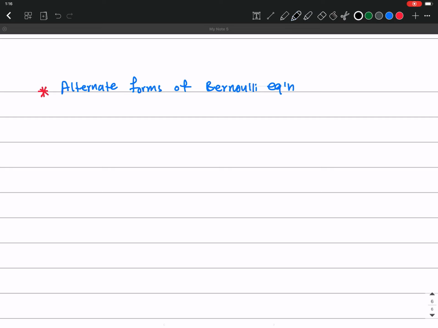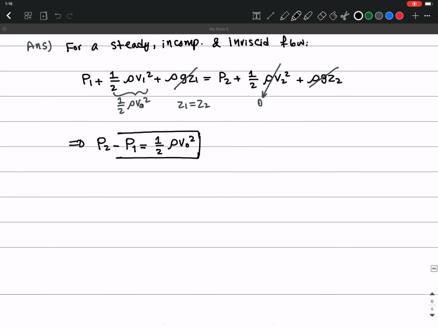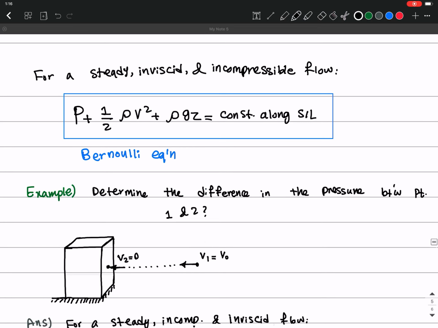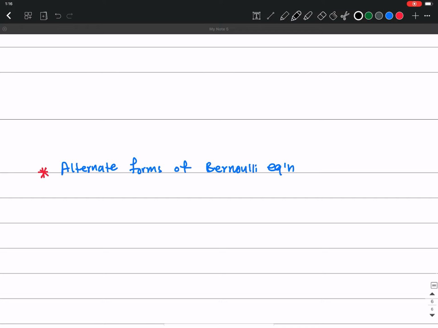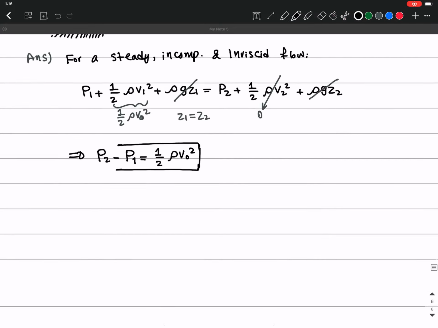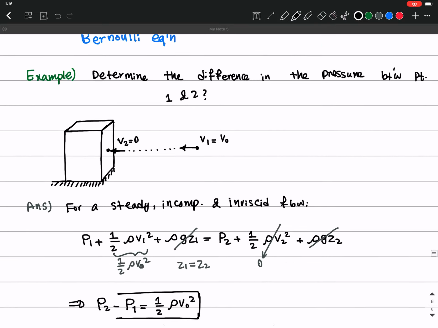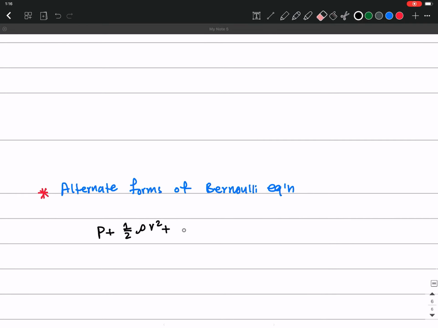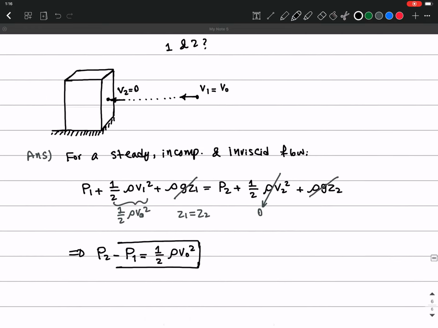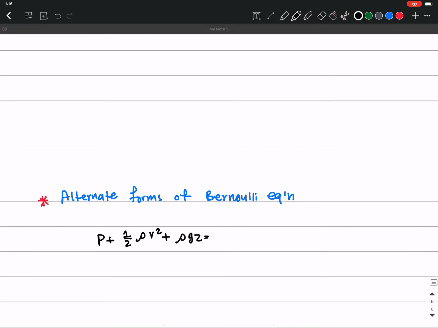Okay, so the Bernoulli equation that we wrote is P plus 1/2 rho V square plus rho GZ equals constant along a streamline, right?